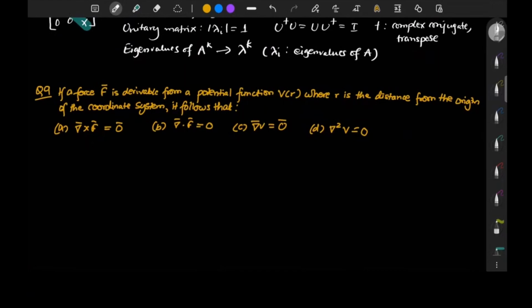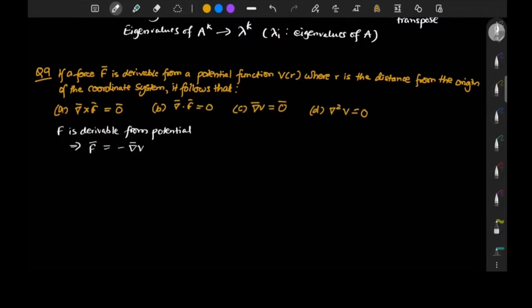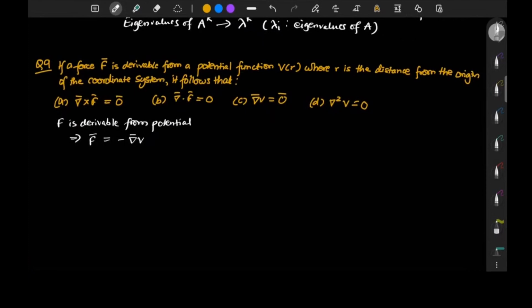This statement, that F is derivable from potential, basically means that we will write force as a gradient of a potential function, and the negative sign just tells you what sign it follows.